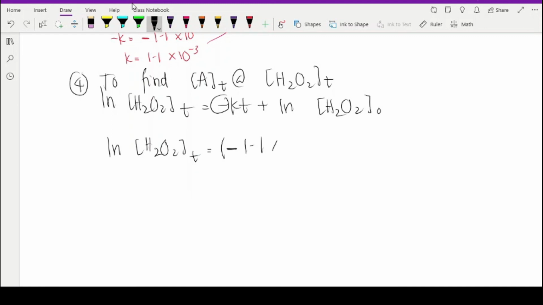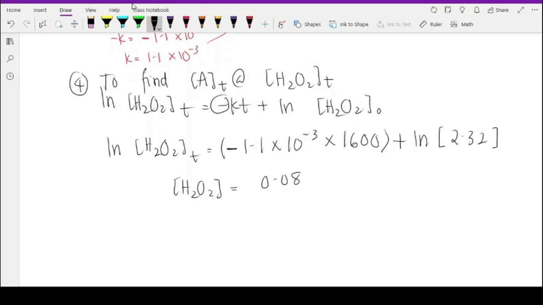So 1.1 times 10 to the power of minus 3 times the time given, 1600 seconds, plus ln A naught, which is 2.32. So your H2O2 at a given time would be 0.0870 molar. Okay, so we are done with the fourth question.